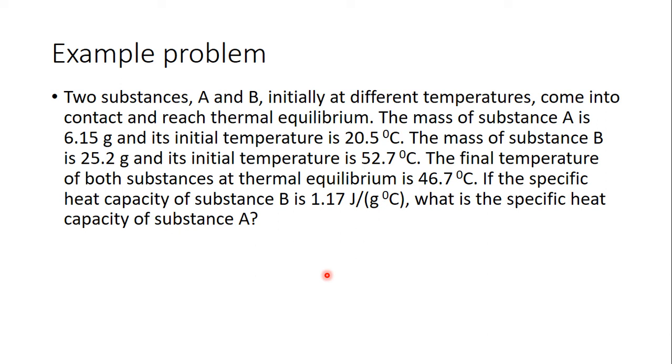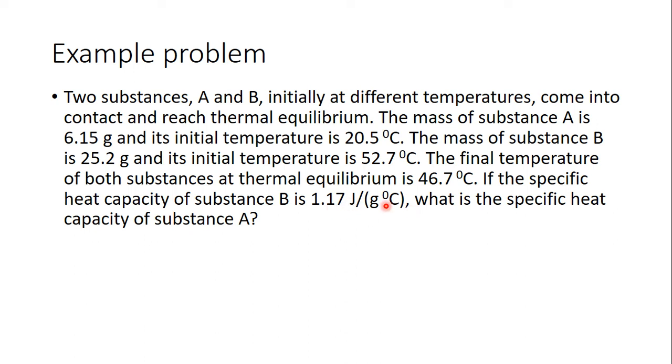At thermal equilibrium, the temperature is 46.7 degrees centigrade. Now, if the specific heat capacity of substance B is 1.17 joules per gram centigrade, what is the specific heat capacity of A?